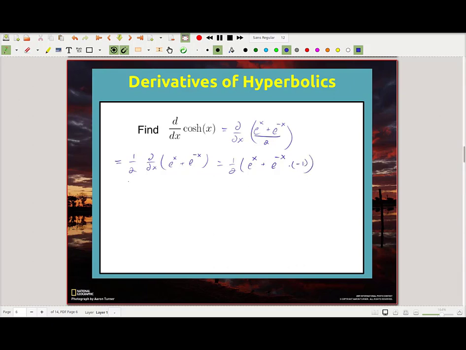Chain ruling that, and simplifying, now we get 1/2 e to the x minus e to the negative x, which is just e to the x minus e to the negative x over 2, which of course is sinh of x. So remember, when we took the derivative of cosine, we got negative sine, but now when we take the derivative of cosh, we get just positive sinh, no negative.